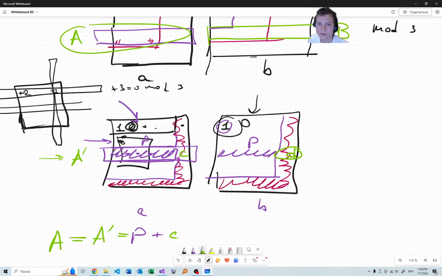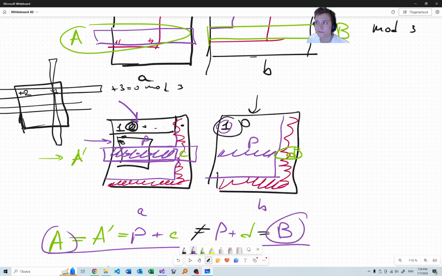Okay? So assume that C is not equal to D. In this case, it is not equal to P plus D. But P plus D is B. So in this chain, we know that A is not equal to B. So if in the end we didn't get the same row here and here, then A was not equal to B. But if A was not equal to B, then actually we, from the beginning, were unable to get matrix B from matrix A. To get matrix B from matrix A, you at least need to preserve the sum in every row.